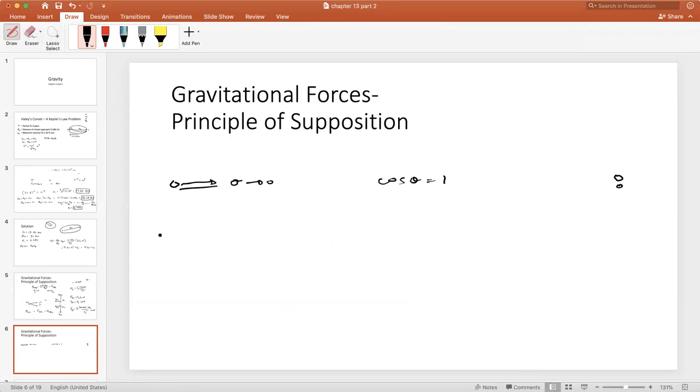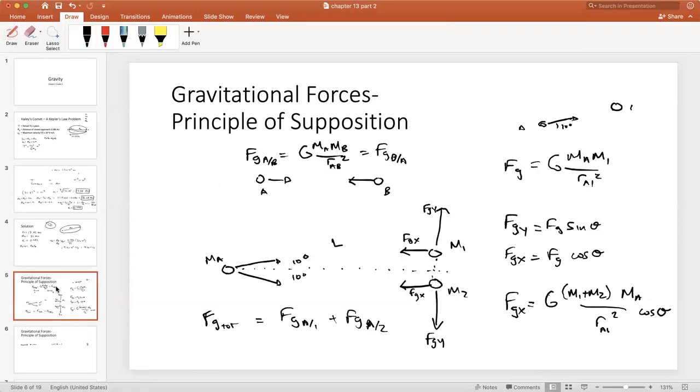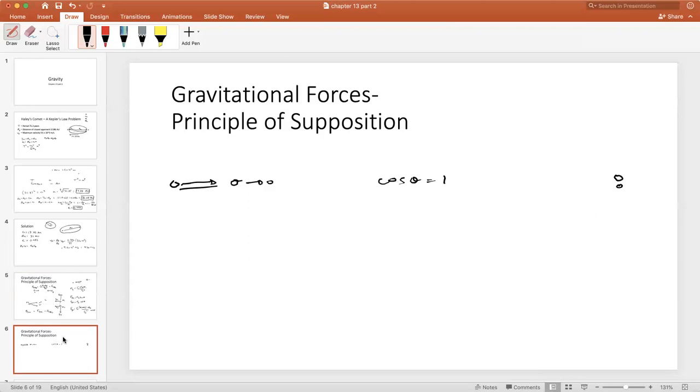So if we were very far away, what we would get is that the force of gravity was the force of gravity from M1 on MA at distance R squared, plus the force from M2 on MA all the way. And these would have cosine of theta, but theta is going to be very small, so we're going to effectively leave it off.